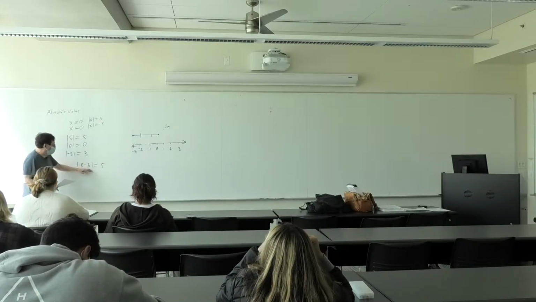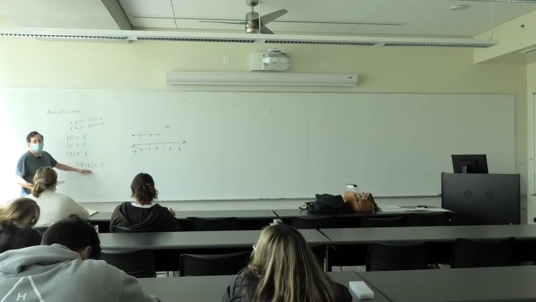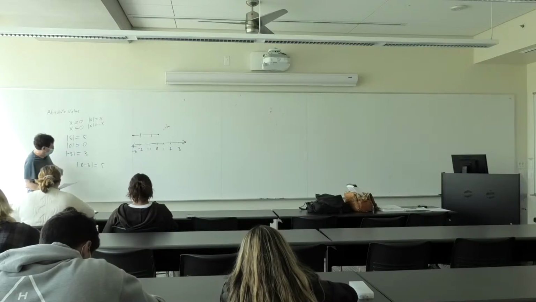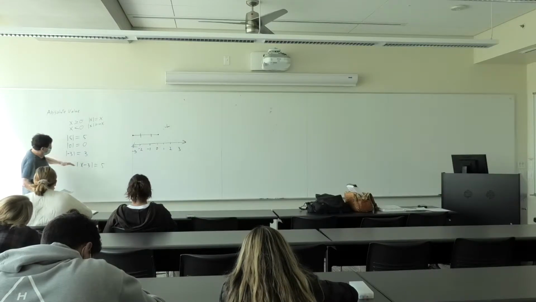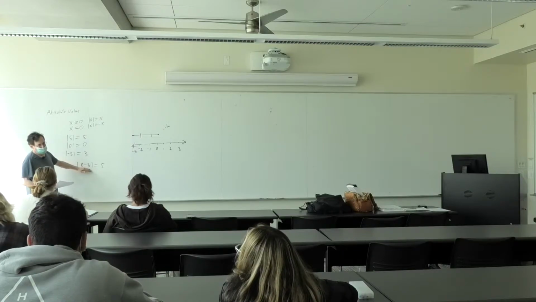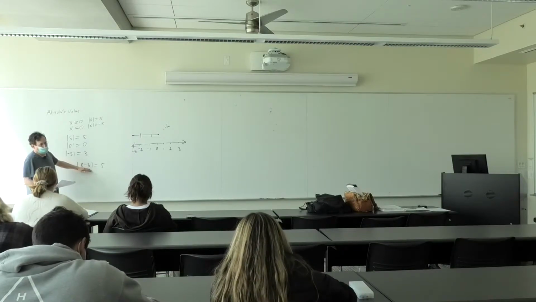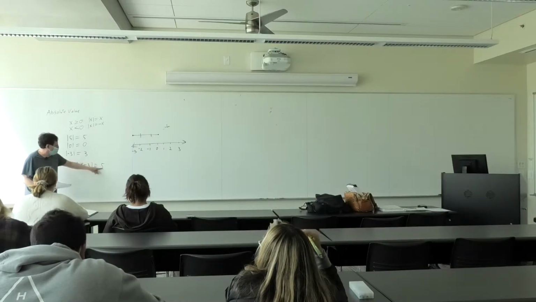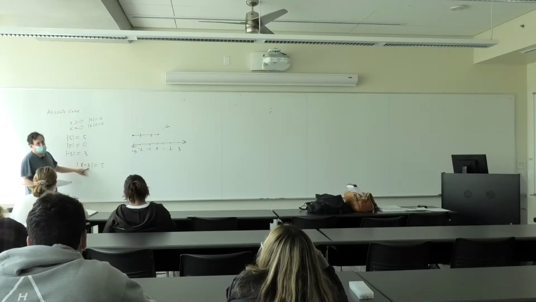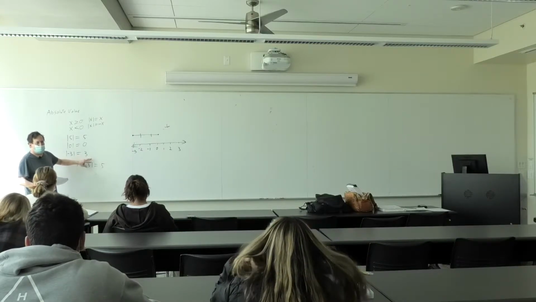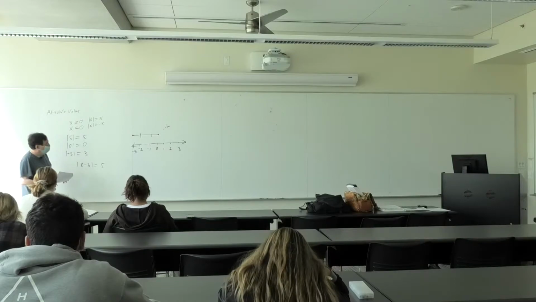That means this quantity has to be 5 or negative 5. So x is going to be a distance of 5 from 3. So you don't have to worry about that now. We'll look at that later.